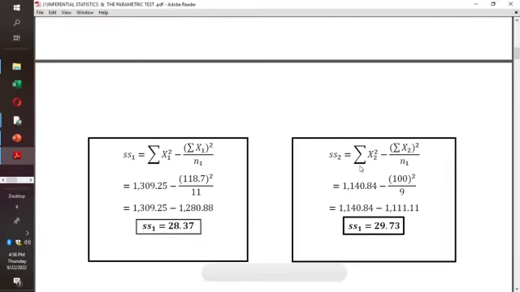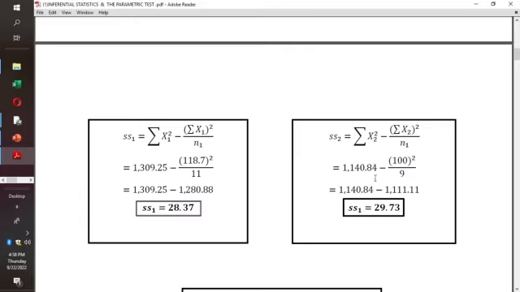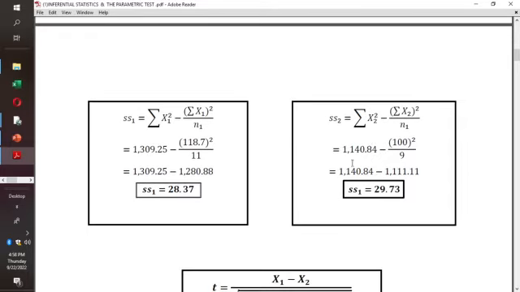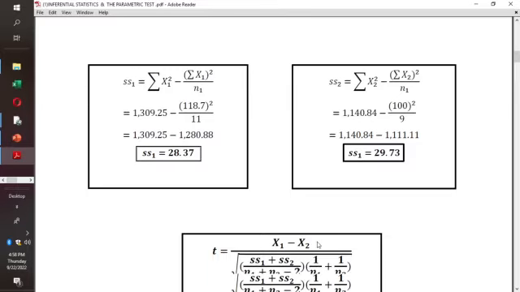Same procedure in SS2, the number of observations in group 2. The total answer in SS2, SS2 po ito, is equal to 29.73.